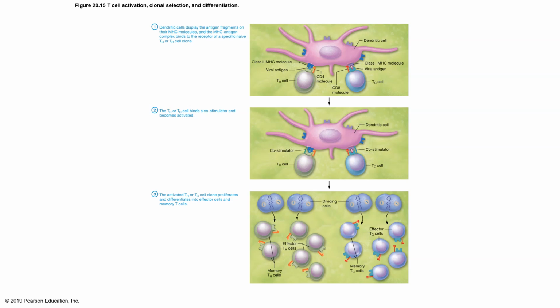Now you've got an activated helper or cytotoxic T cell clone that can start proliferating, dividing, and then it can differentiate into effector cells, which will actually start destroying the invading pathogen, and memory helper T cells, which can stay around for future exposures to that same antigen.